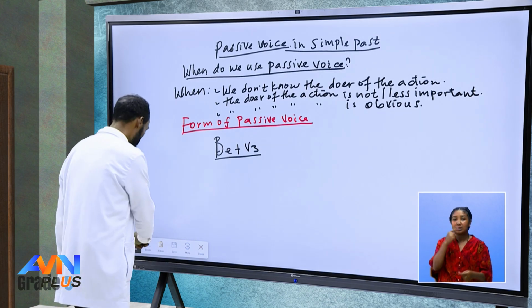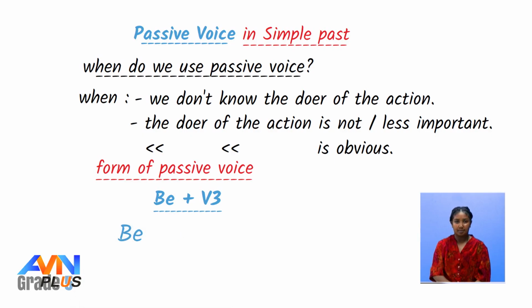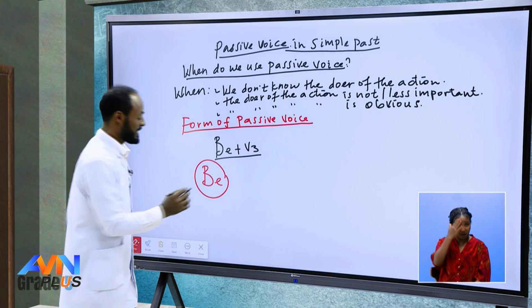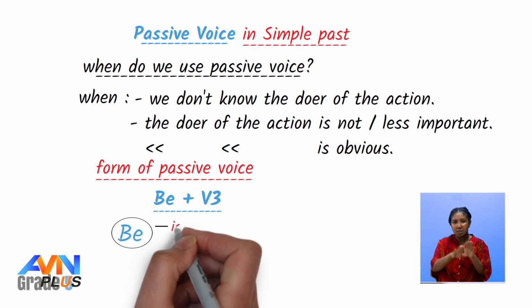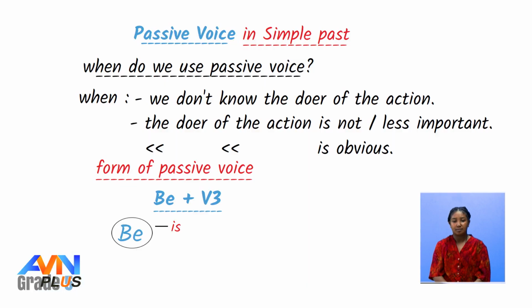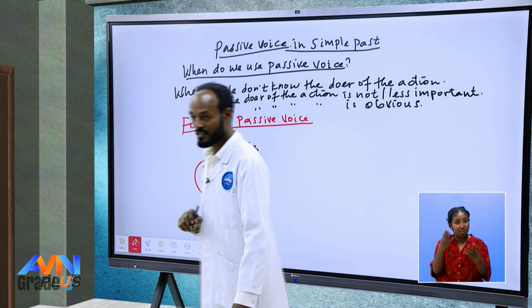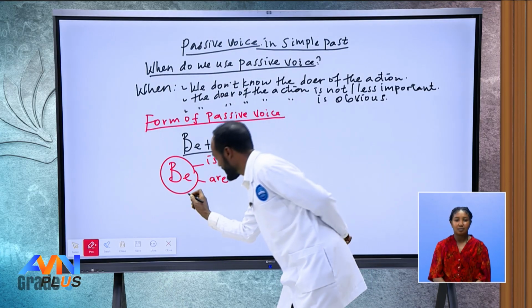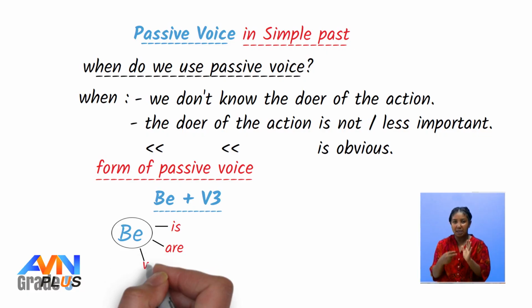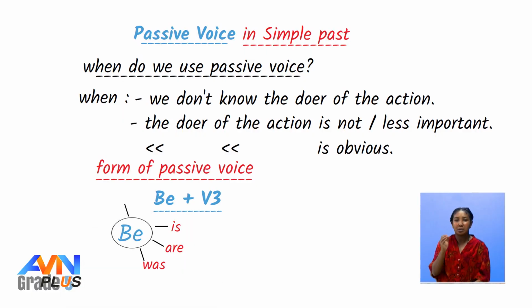When we say be, we have to know the families of be here. Is. Be means is in passive voice. Another, be means are in passive voice. What about another? Be means was in passive voice. Be means am in passive voice.